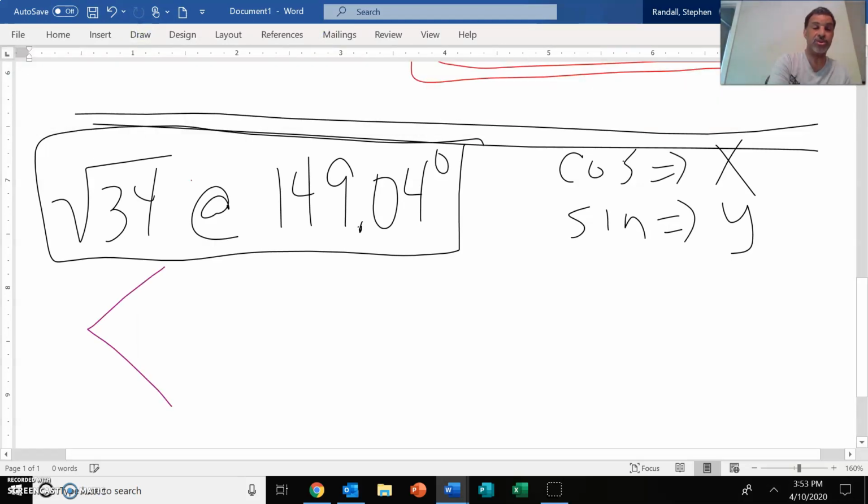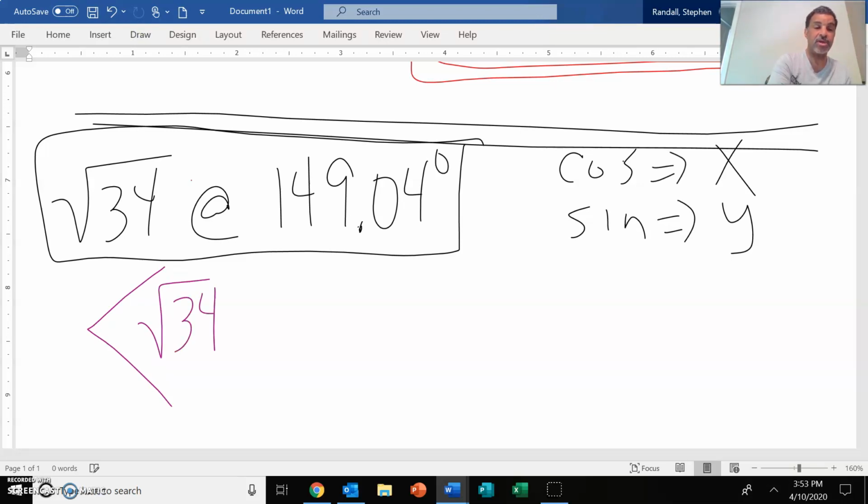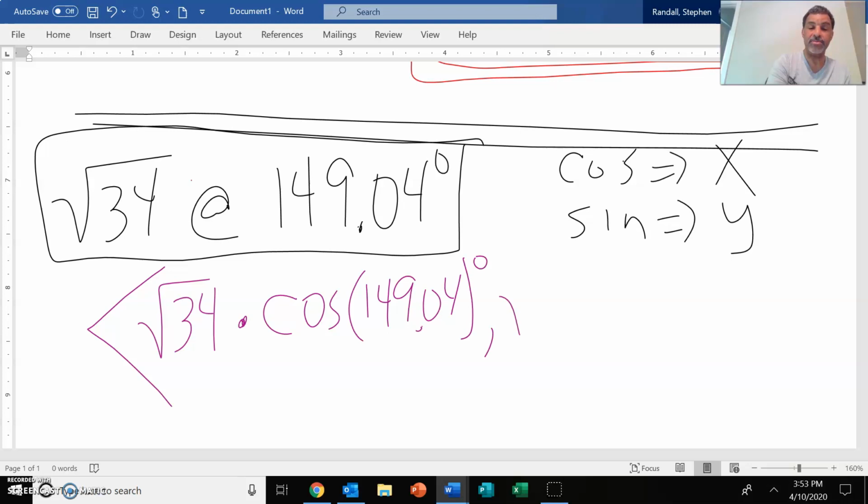Your components would be the magnitude, which is the square root of 34, times, for x, the cosine of the angle, and for y, it would be the magnitude times the sine of the angle.